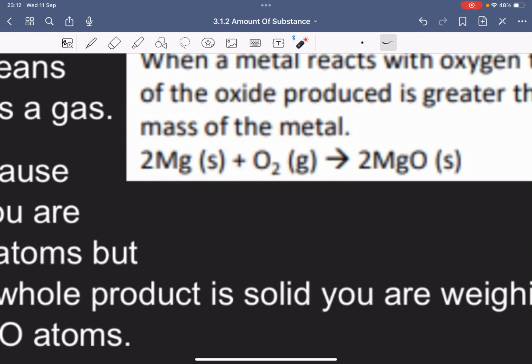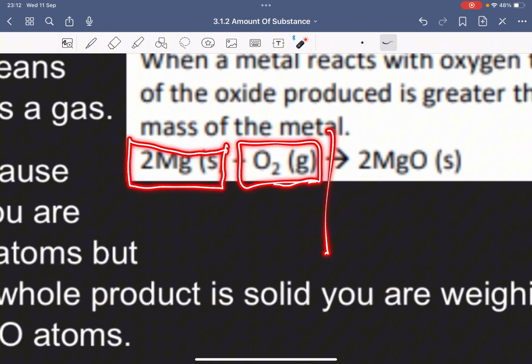However, on the right side, you're weighing both the magnesium and oxygen atoms because they're both solid. Whereas here, on the left side, you weren't weighing the oxygen because it's not a solid, it's only a gas. So you only weighed the magnesium atoms. So in this case, the mass would go up.